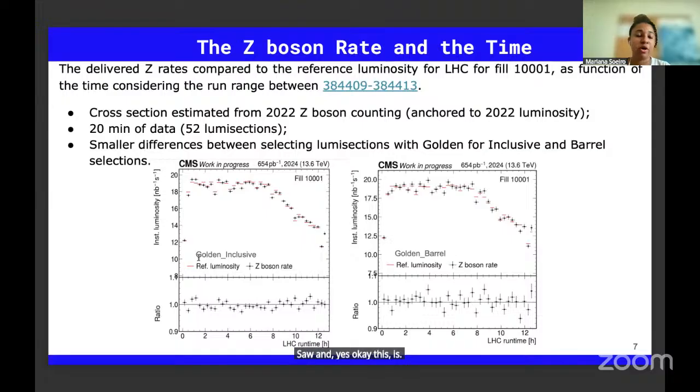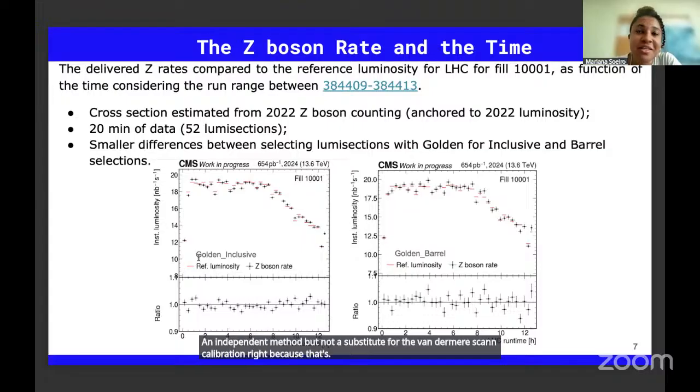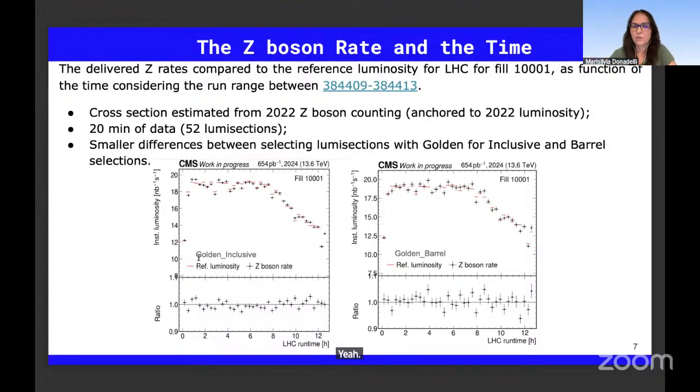Okay, so thinking about the Z counting method, if I understood it correctly, in terms of your proposition for the thesis, you defended that this is an independent method, but not a substitute for the van der Meer scan calibration, right? Because that's what we use as, let's say, the official one.